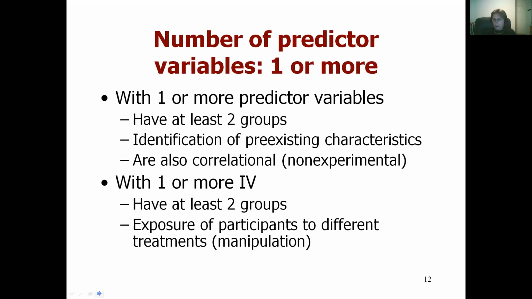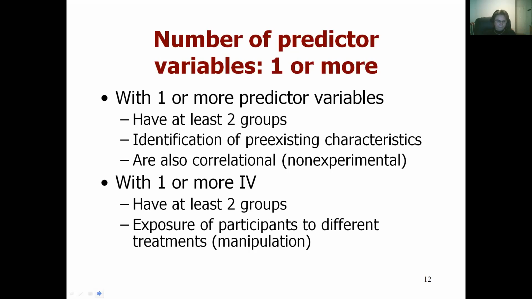And because you have a categorical variable as your predictor, all of you have two groups, right? Let's say if you have gender as your predictive variable, then you have men and women. If you have age as your predictive variable, and we use that categorically, you have younger people under the age of 25 and older people over the age of 60.